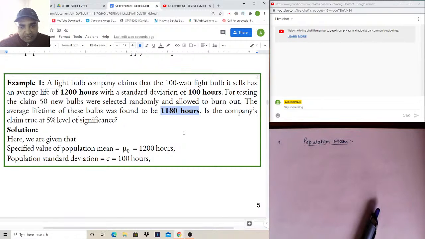So can we say that the company's claim is true at 5% level of significance? Here we will try to understand what this question tells us and how to crack it.